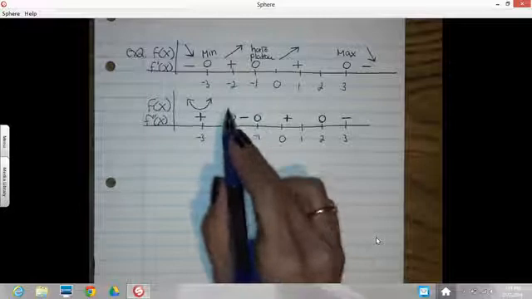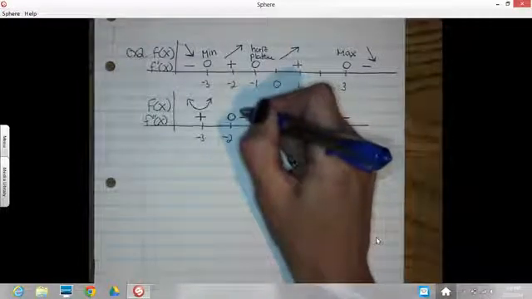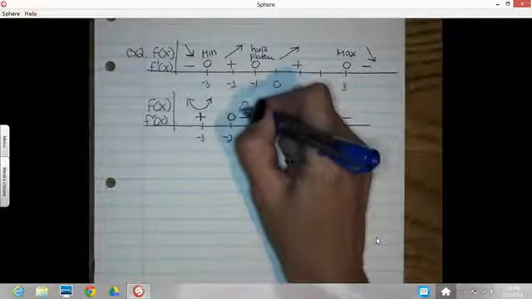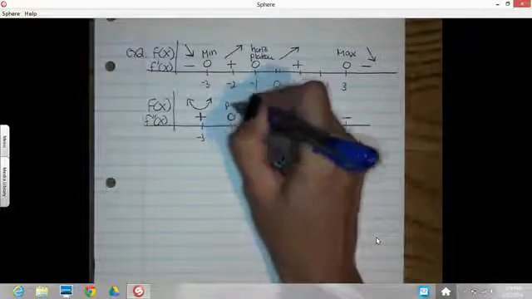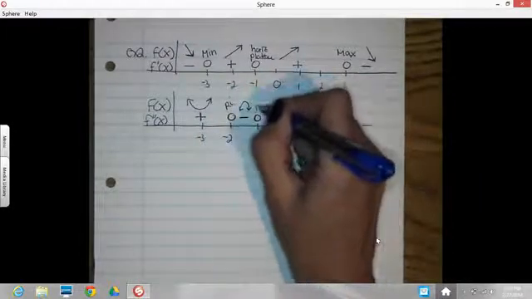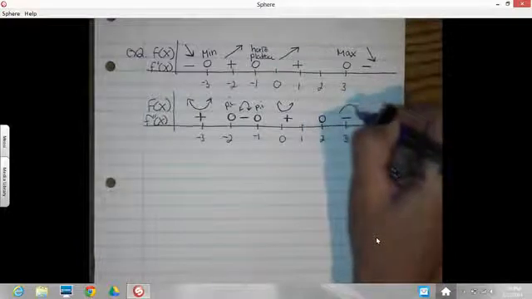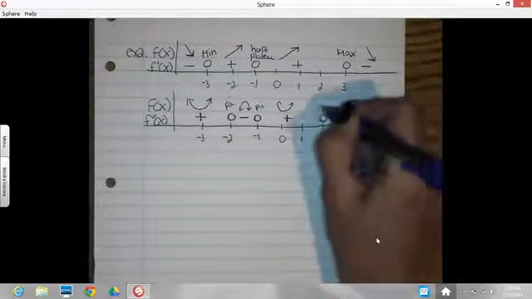And again, above each one of these is either going to be a point of inflection or no point of inflection. That's all we've got for options here. Here it's concave down. So this is a point of inflection. Here it's concave up. This is a point of inflection. And then here it's concave down. So that makes this a point of inflection.